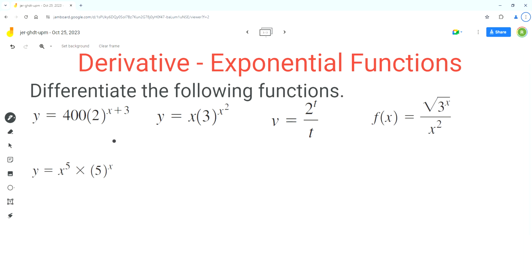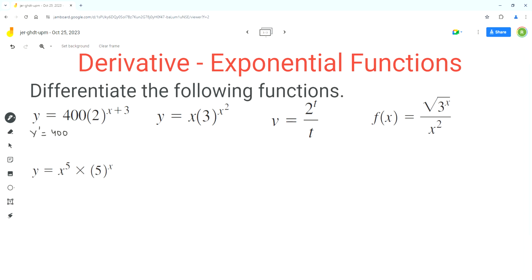So the derivative of this function will be, y prime equals, now 400 is a constant and it's the coefficient of this exponential term, so it will stay as it is.